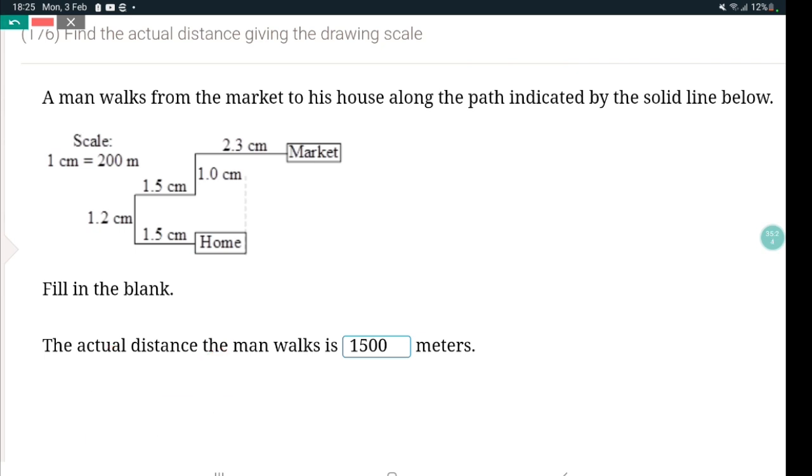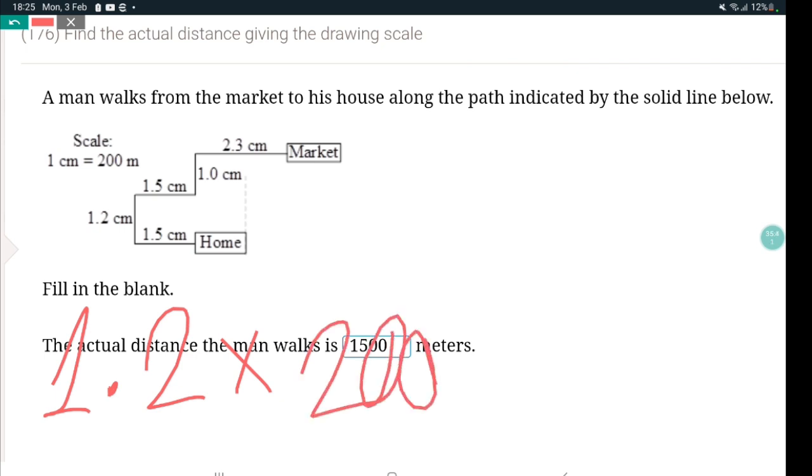And now the last one we need to find is the value of 1.2 centimeters in real life, which would be 1.2 centimeters times 200, equals 240.